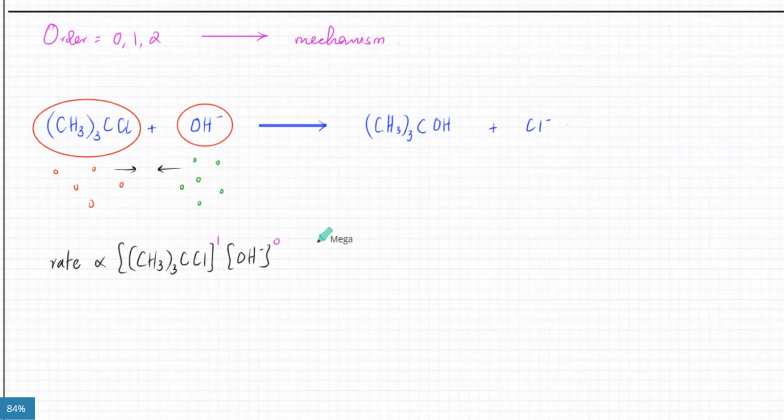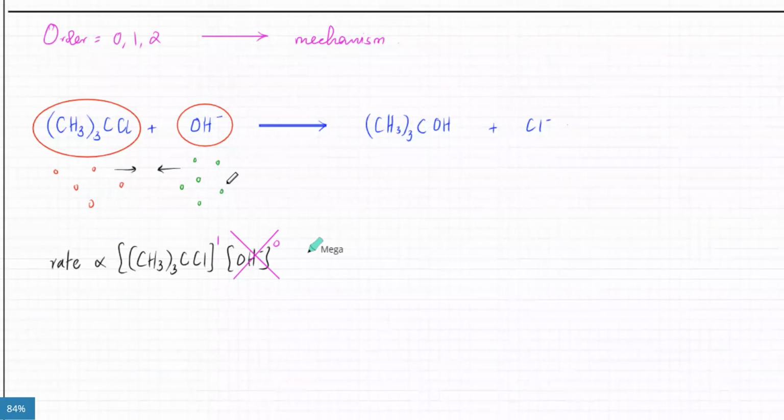Now, what order 0 indicates, what this represents, means that the rate of the reaction is actually not dependent on this. Like anything to the power 0 is 1. So it basically disappears from the expression. So that means rate is only dependent on the concentration of this reactant.